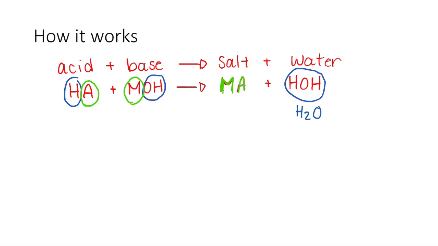So anytime we have a salt, it is the metal from the base paired with the nonmetal from the acid. So that specific type of ionic compound, because it's still a metal and nonmetal, that is formed from this acid-base neutralization reaction is what we need in order for this to be considered a salt. Otherwise, it's just an ionic compound.